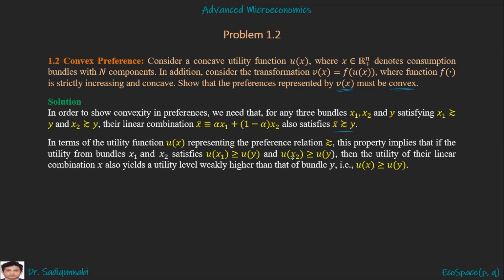If this is the case, then their convex combination also satisfies this property. The utility from the linear combination of x1 and x2, that means x bar, should be greater than or equal to utility from the good y. So this is all about convexity.